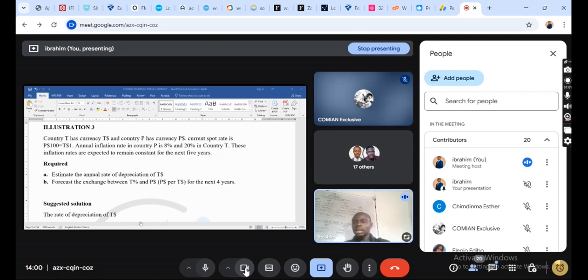Forget whether direct or indirect. Country P dollar will be the domestic, and country T dollar, which is one, will be the foreign.